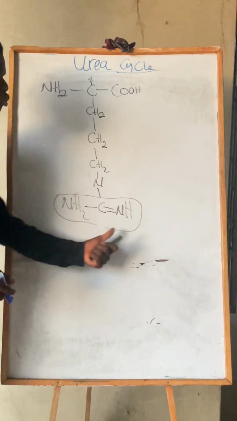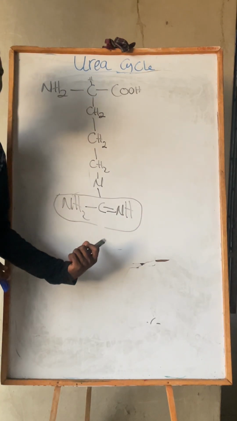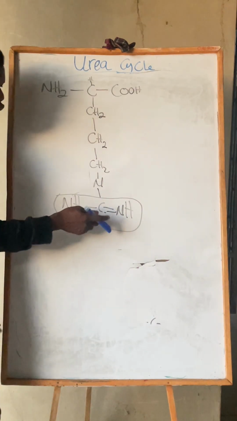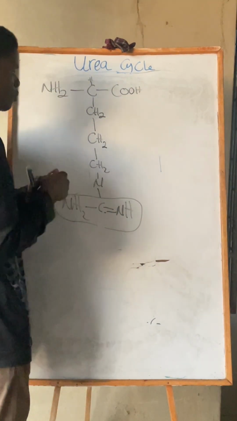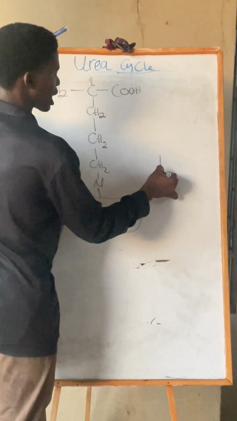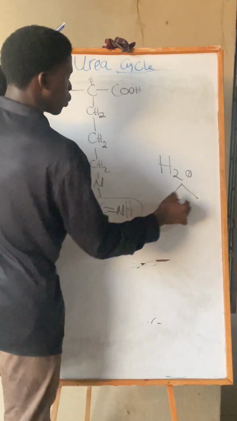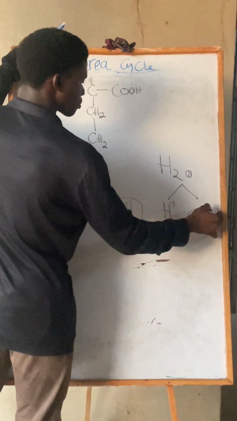So it means that we need to bring in water into this reaction. Okay? So by adding water to it, OH can come, just look at this. This blue marker is gone, sorry. So if I have water, H2O, it can be broken down into hydrogen ion and hydroxyl ion.